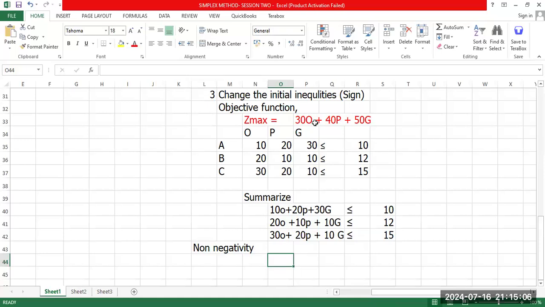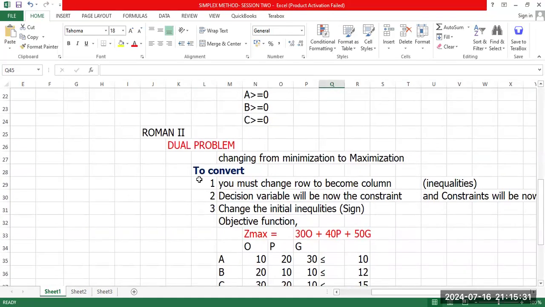O, P, and G. So O, P, G should be greater or equal to 0 as your non-negativity. And that is your Roman 2. That's all about Roman 2. This is your problem.